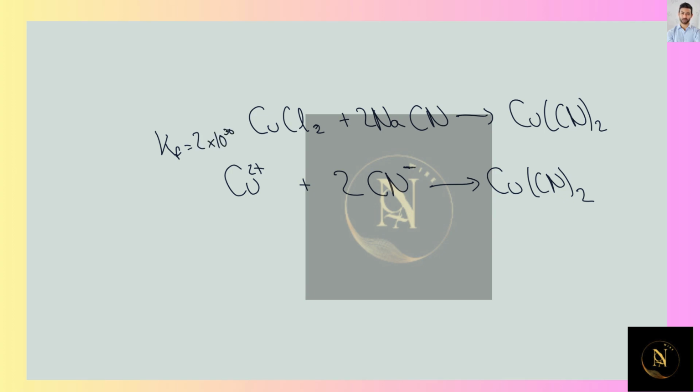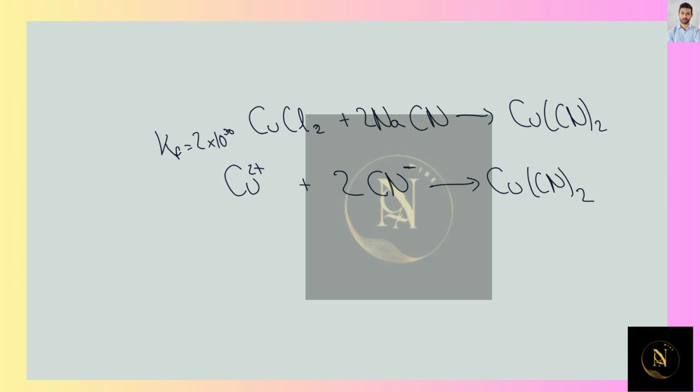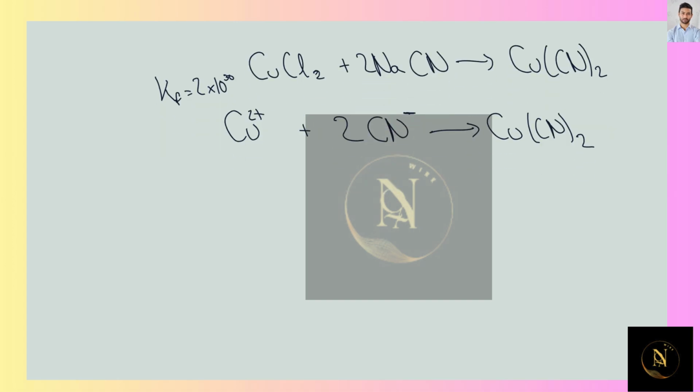Now we are told that we have initially a 0.828 molar solution of cyanide minus.